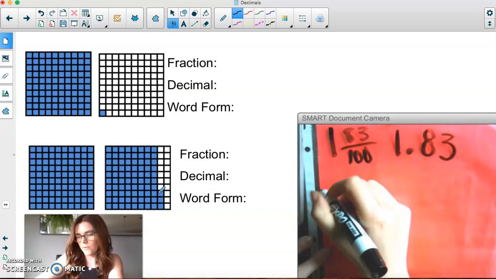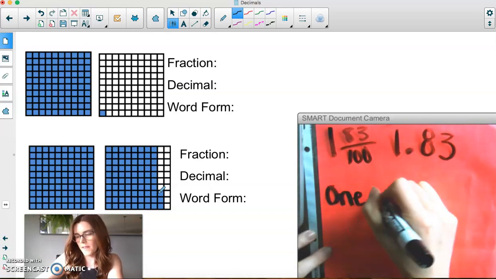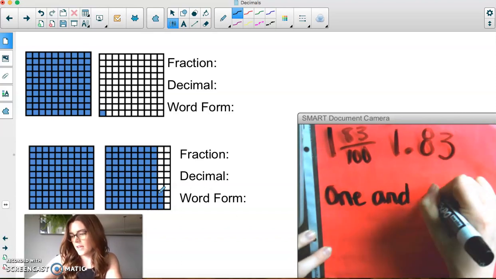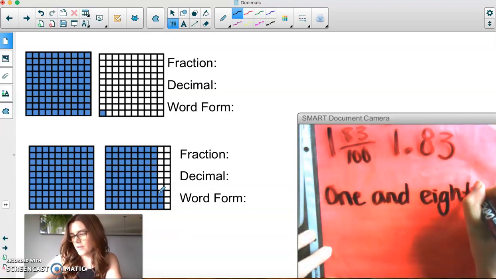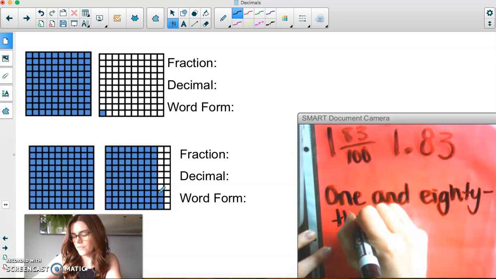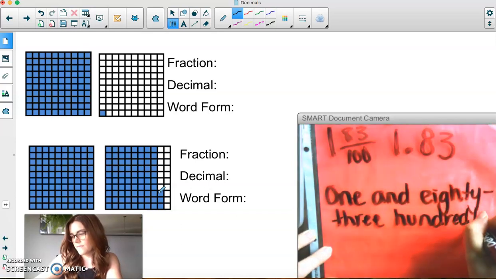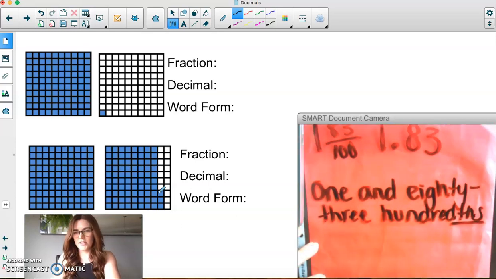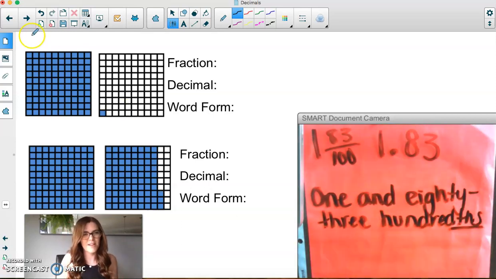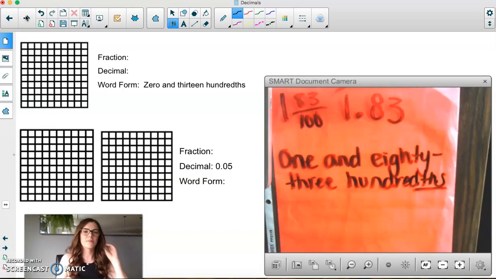And our word form is going to be 1 and 83/100ths. Make sure you add that THS to the end there. Awesome. So let's move on and do a few more examples.